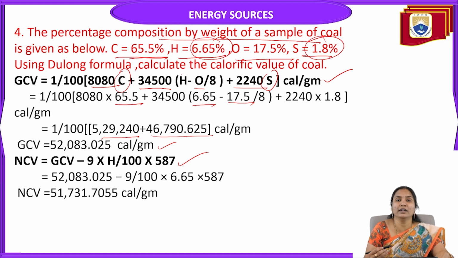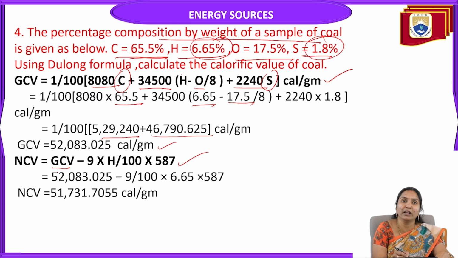How can we calculate the net calorific value of fuel by using Dulong's formula? What is the Dulong's formula for lower calorific value of the given fuel? NCV equals GCV minus 9 into H by 100 into 587. GCV, the gross calorific value of the given fuel, is 52,083.025.